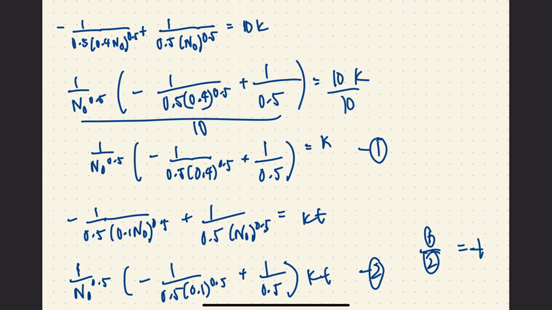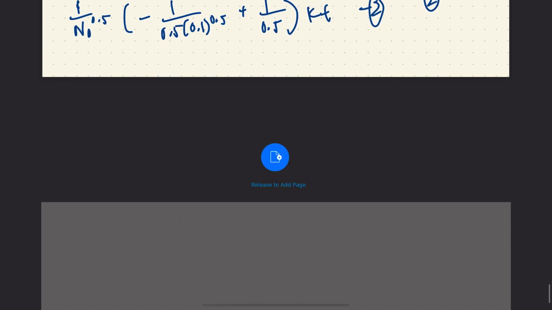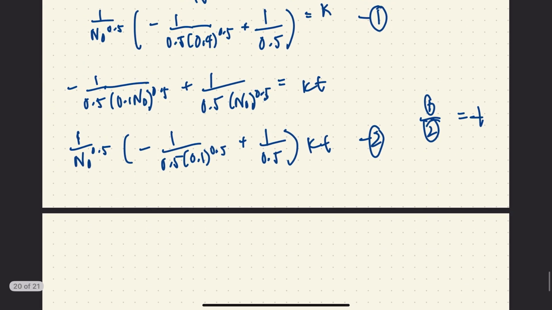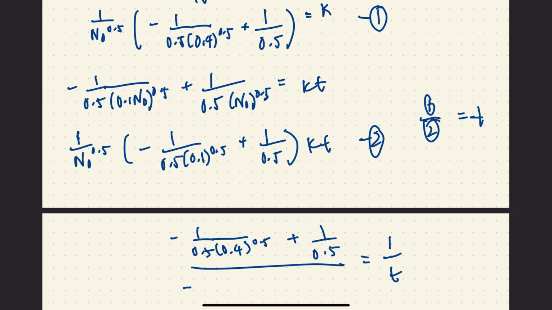You should have the same answer. So just to show, 1 over t, k will cancel out, and what will cancel is the 1 over n0 raised to 0.5. So we will have negative 1 over 0.5 times 0.4 raised to 0.5 plus 1 over 0.5, all over negative 1 over 0.5 times 0.1 raised to 0.5 plus 1 over 0.5.